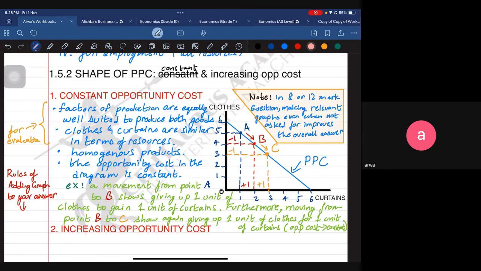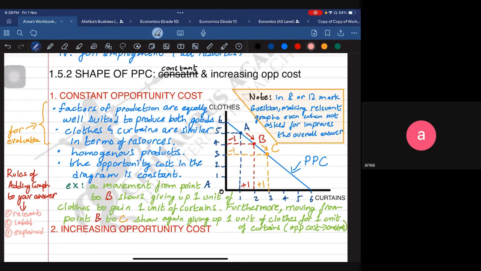Number one, it must be relevant. It must be labeled, right? And the third thing is that it must be explained. So, beta, all of these three things are very important: that it's a relevant graph, you have labeled it right, and, it's a basic thing, obviously, that the graph should also be correct when you're making it.